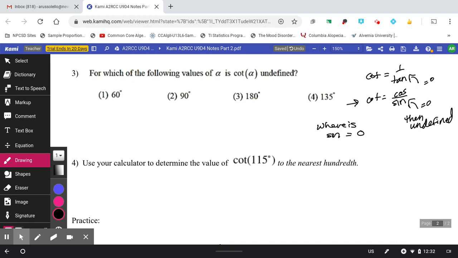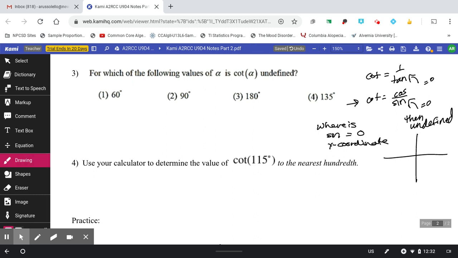Okay, so remember, the sine is the same as the y coordinate. Well, where is the y coordinate equal to 0? The y coordinate is equal to 0 on the x-axis, right? This point here is (1, 0), and this point here is (negative 1, 0).